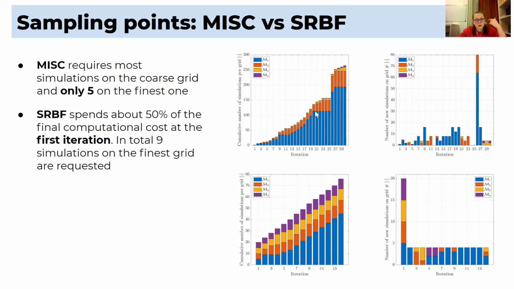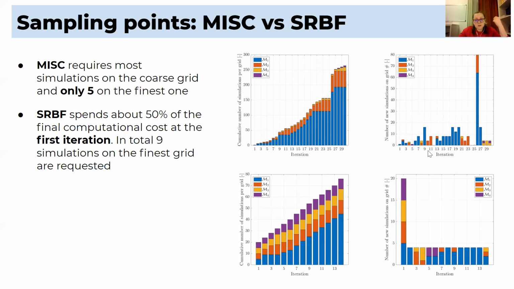And when we get to the last iteration, we required about 180 simulations on the coarsest grid, and then some on levels 2 or 3, and on the finest grid, we require just 5 simulations.